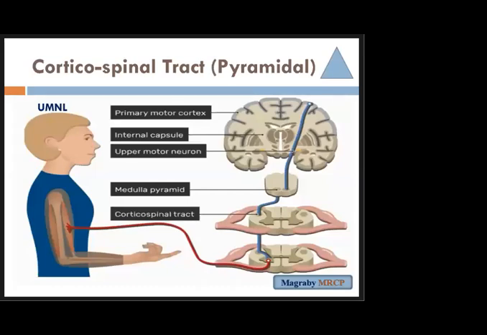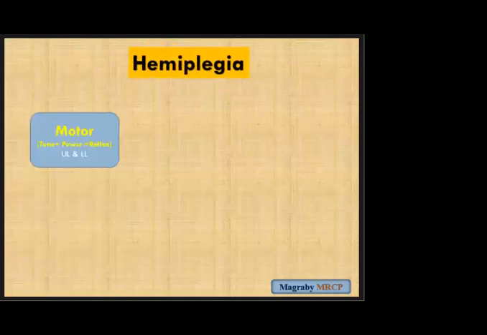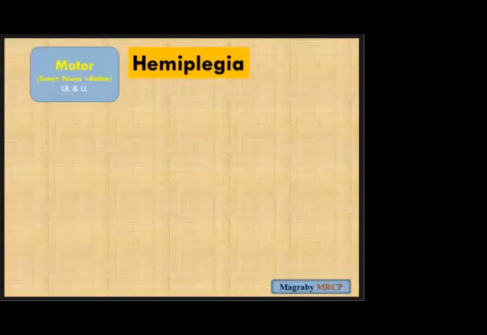Let's go now to what we will need to examine in a case of hemiplegia. As the routine sequence of examination, if we would like to screen the patient to check which limbs are affected, we ask the patient to raise the upper limbs and lower limbs, and we will find that one side of the body is affected.